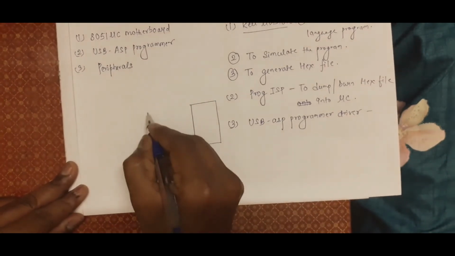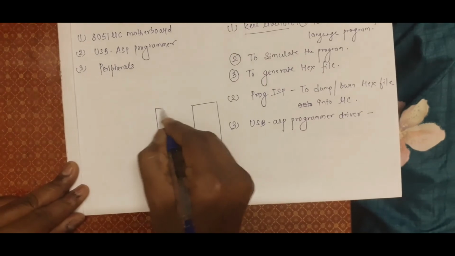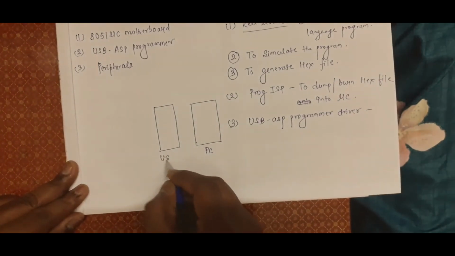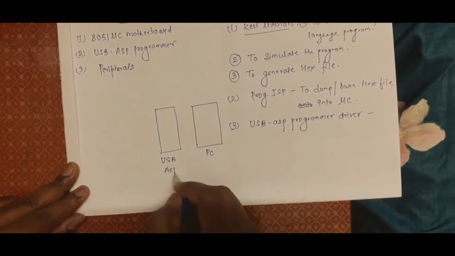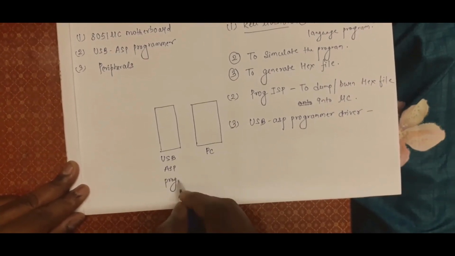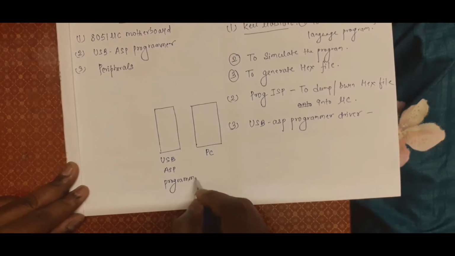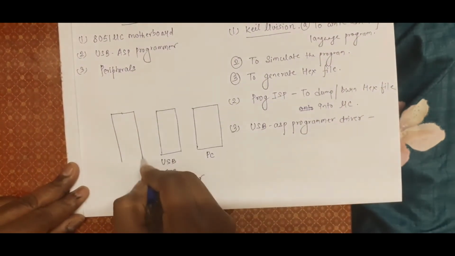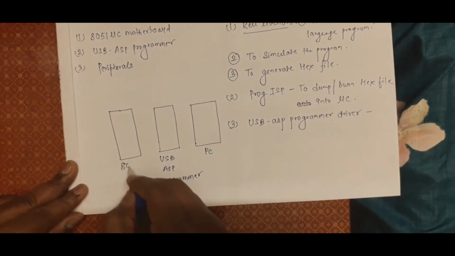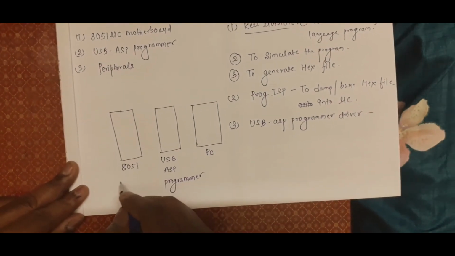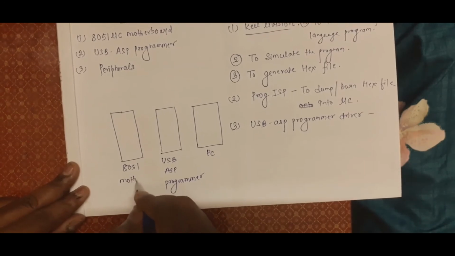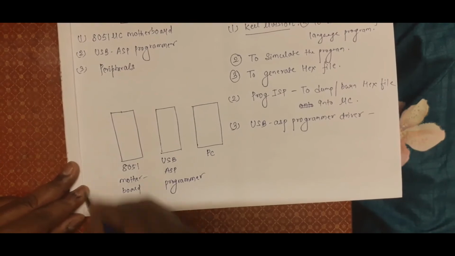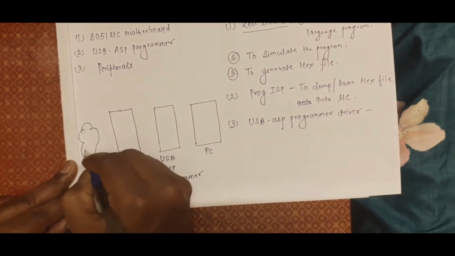Now here comes the USB ASP programmer, then comes your 8051 motherboard, then your peripheral.